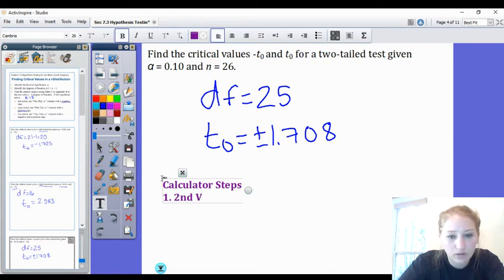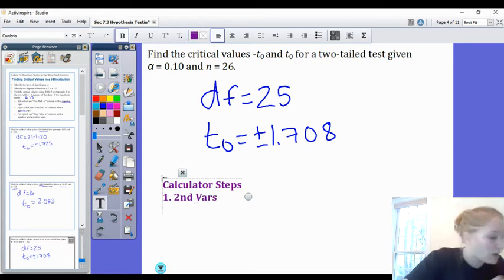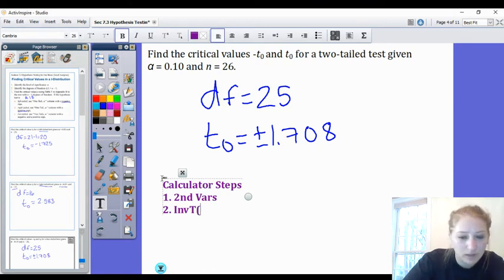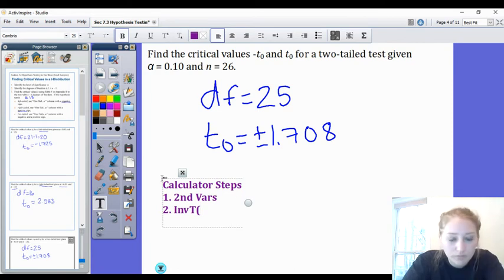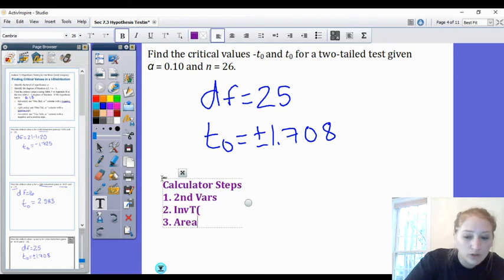Oops, second vars. And then you're going to go down to the one that says inverse T. Looks like that. And then for number 3, your area, what you're going to put in is your alpha. And obviously your degrees of freedom is going to be your degrees of freedom.